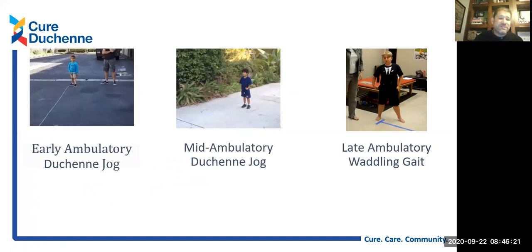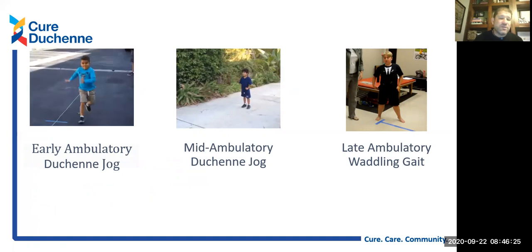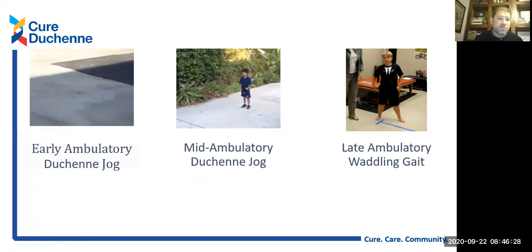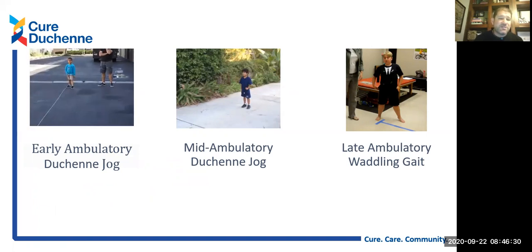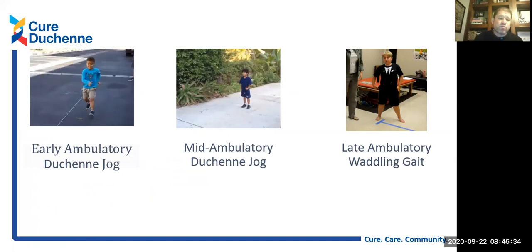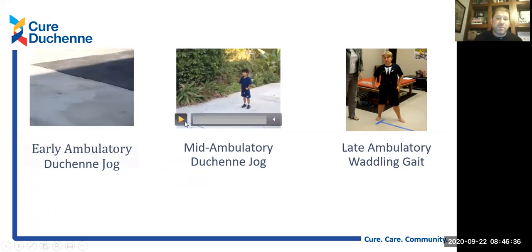It's a little bit different from a typical run. When he starts out, there's a slow start to it. He has to build some momentum, and then the hips and the knees are not coming up as high, but this is really early on in the process.